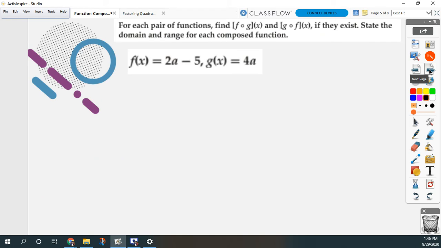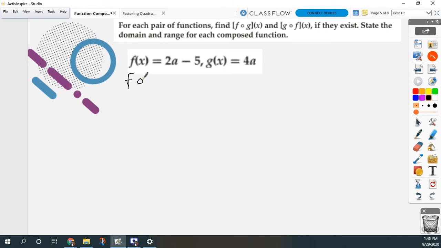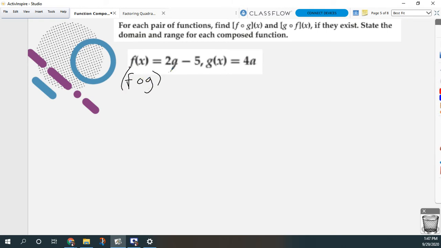Alright, so it says for each pair of functions, find f composite g and g composite f, and then state the domain and the range for each composed function. So for our f composite g of x, I'm going to start from the inside and work my way up.